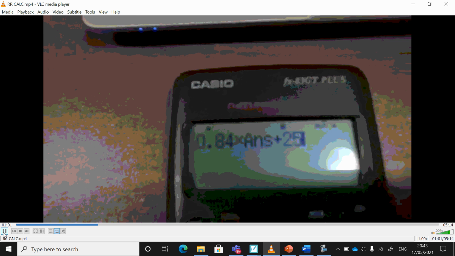So I'm putting in my 0.84 times my answer. So that goes in place of U_n times answer. See, I'm hitting that there. Then I put in my plus value, 25, my top up value. Hit equals, it should give me my next value of 67, I think.